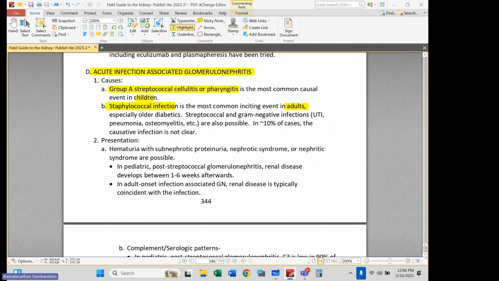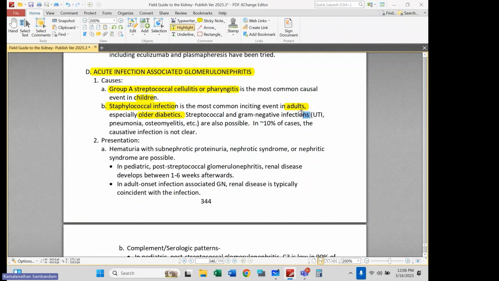In most cases, this is not from a streptococcal infection, but rather staphylococcal infections in published case series are the most common causal agents. And it's often in a diabetic patient with, like, a diabetic foot infection.